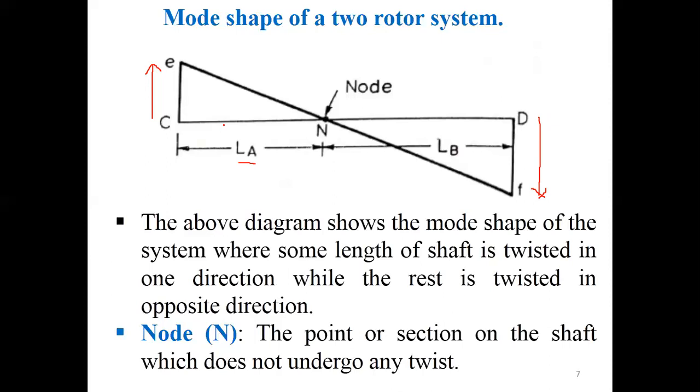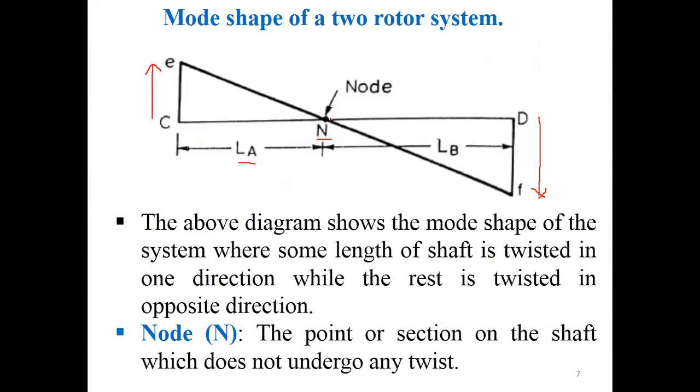And from the mode shape diagram, you can also see the presence of a particular point called a node, represented by the alphabet N. What do you mean by a node in a mode shape diagram?